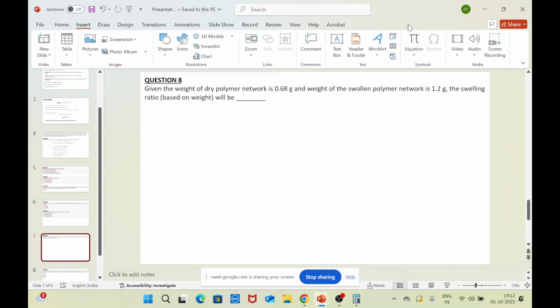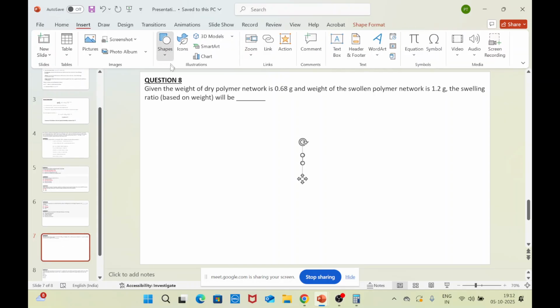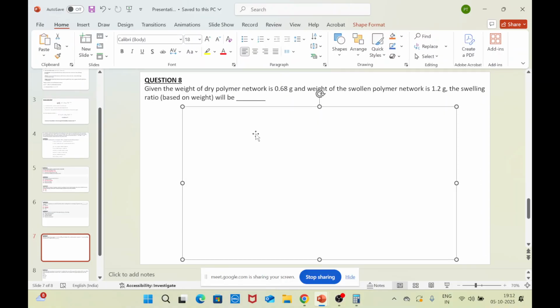So the answer can be 1.2 minus 0.68, divided by 0.68. Since they have asked based on the weight, I am not going to multiply by 100 for percentage.